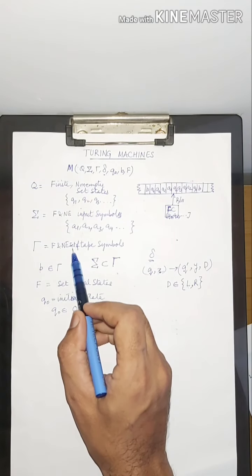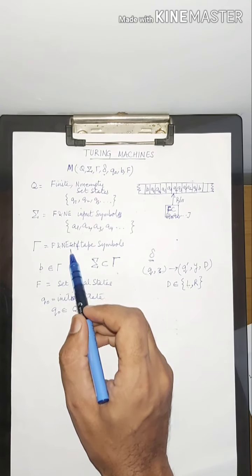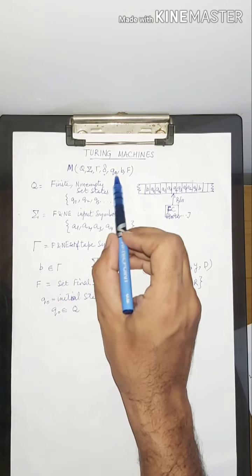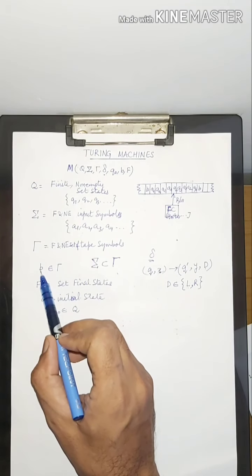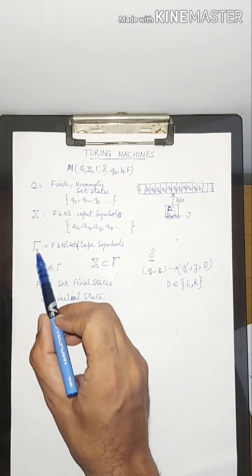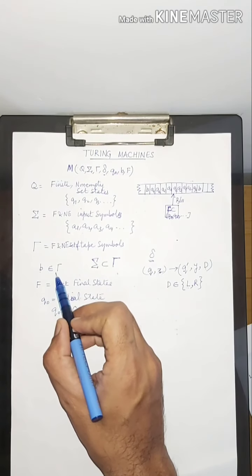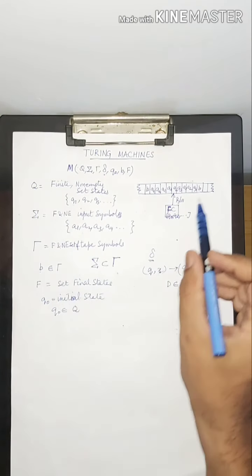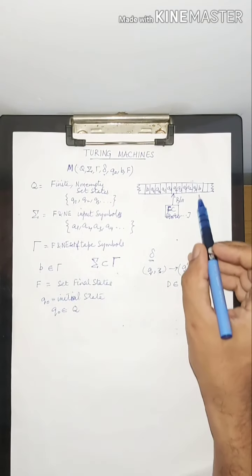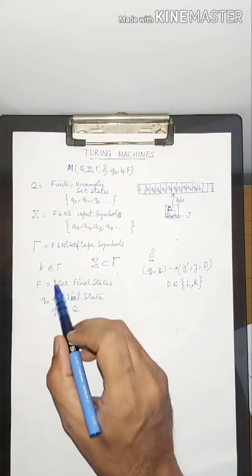And in addition to that, it contains a few special symbols. Example of these additional symbols is B. So B is a special symbol which is not part of sigma, but it is contained in tau only. So B is a special symbol belonging to tau. It is used as sentinel to mark the boundaries of the string.